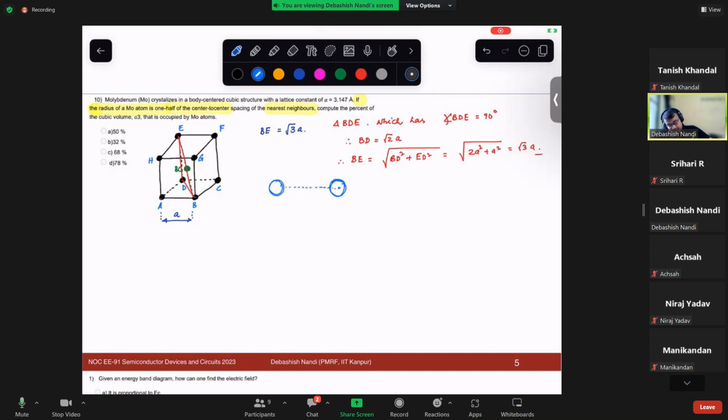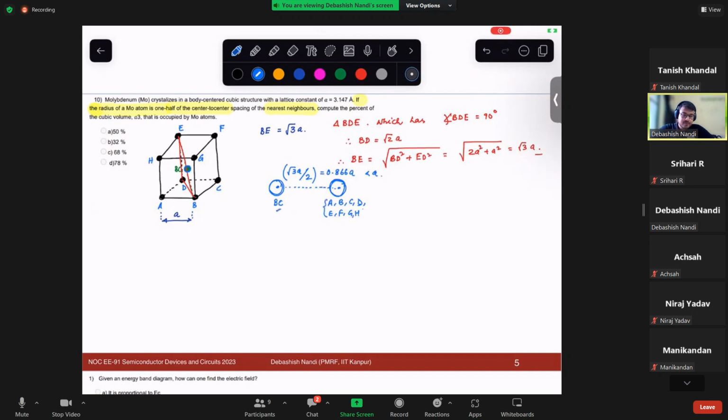What about this atom BC and any of the edges? This distance would be root 3a over 2, right? So this is how much? 0.866a, that is less than a. That means whenever we are talking about nearest atoms, it is this atom and any one of these atoms.